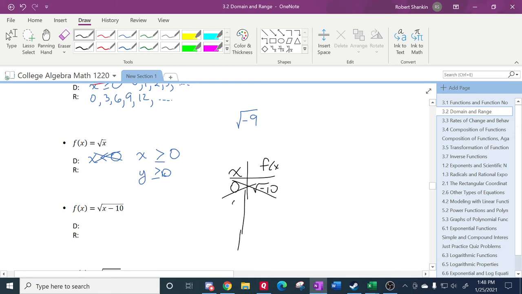When I get up to 5, that's still going to give me a negative number inside there. If I get up to 9.9, that's still going to give me a negative number inside the square root sign. But as soon as I get to 10, I'm okay. 10, I get square root of 0, which is 0. And then 11, I'd get square root of 1, which is 1. All of these are fine.